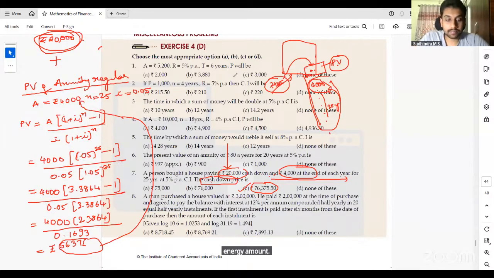Annuity amount, correct. Very good, Lahari.